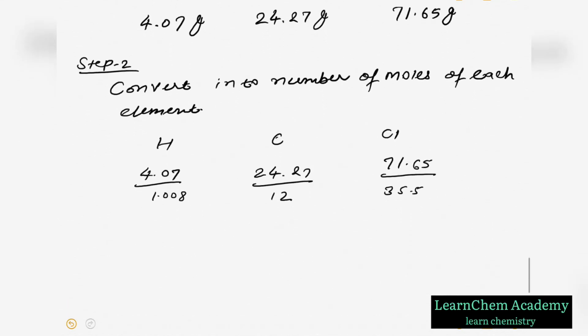So we will get here 4.04, here 2.021, and here also 2.021. So these are the numbers of moles of hydrogen, carbon and chlorine.